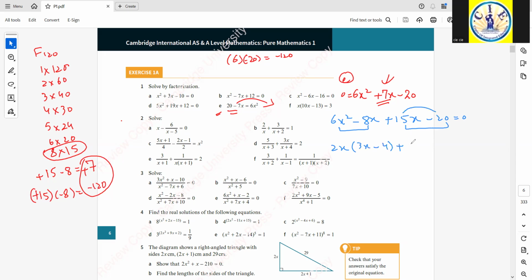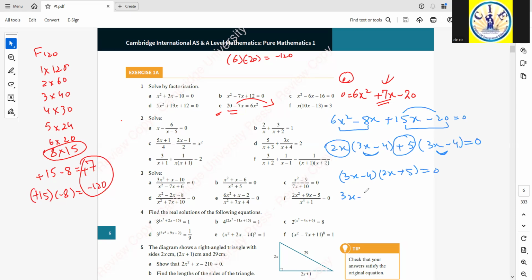And from these two, I can have 5 common. So this is 3x minus 4 equals to 0. Now I can have this factor as a common factor. Then from the first term, we are left with 2x. And from the second term, we are left with plus 5.